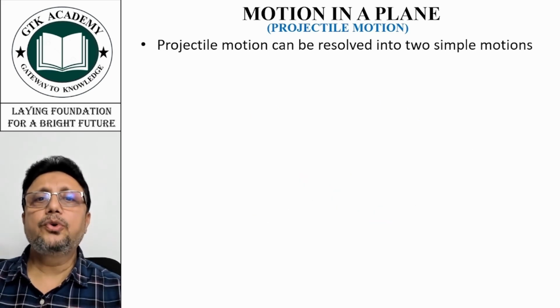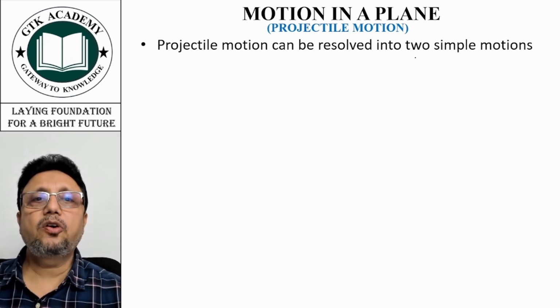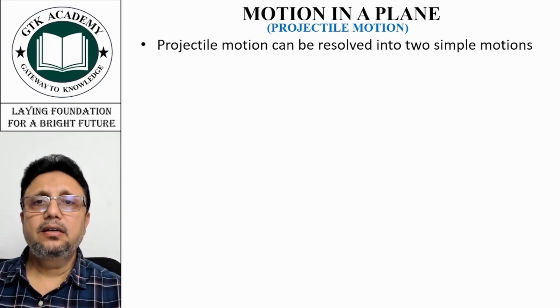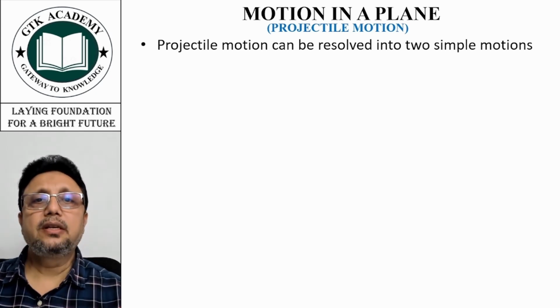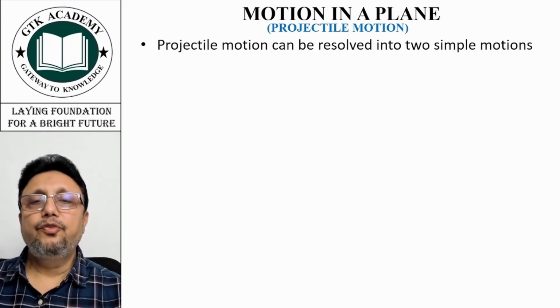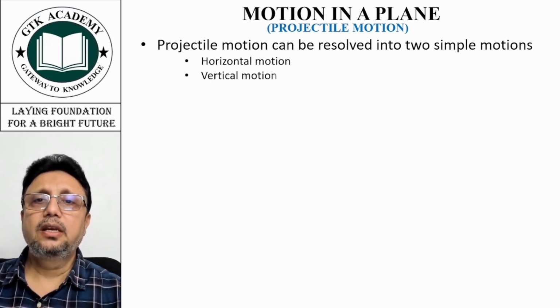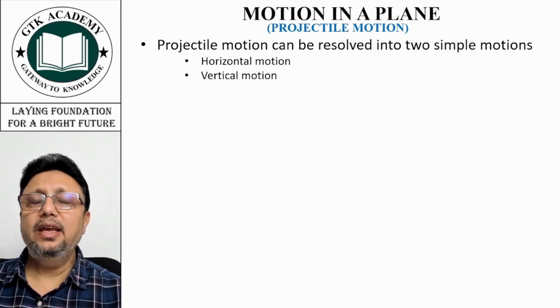Now, projectile motion can be resolved into two simple motions. Instead of us analyzing a curved path or being confused with that kind of motion, we can resolve it into two simple motions, horizontal and vertical. Why?